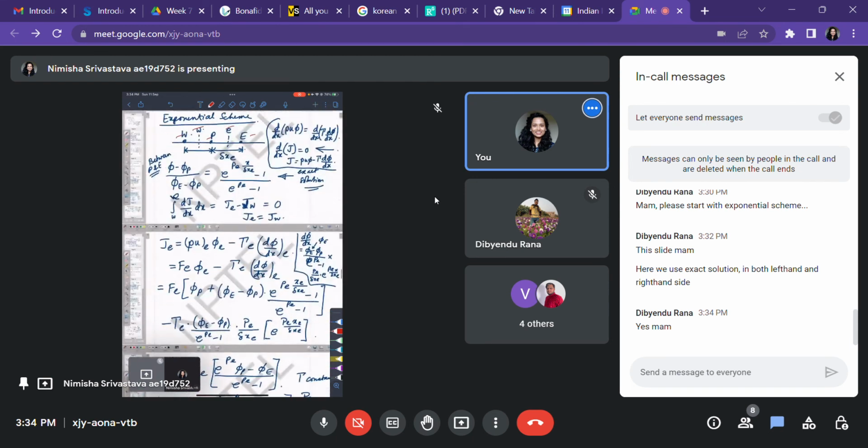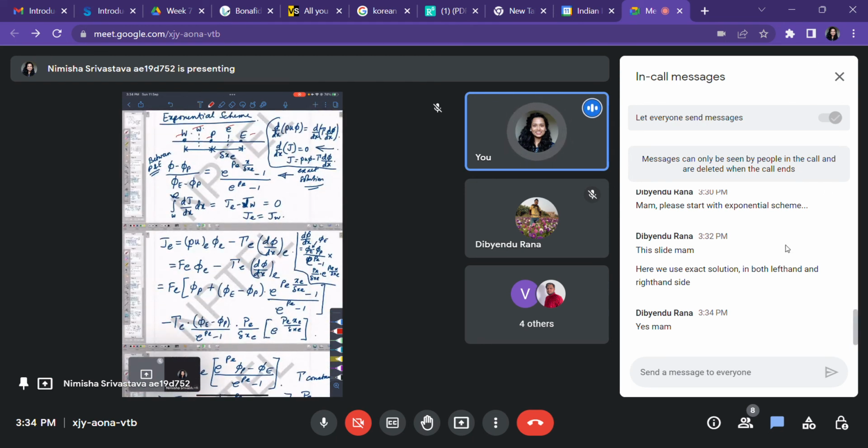So you're saying use both the right hand side as well as the left hand side exact solution at the faces, right, at the boundary faces, and then we go ahead and build the solution over that.